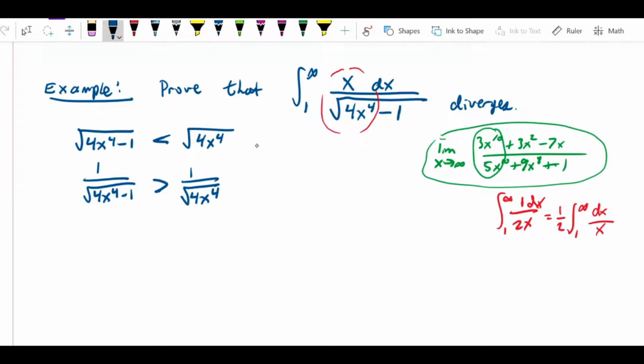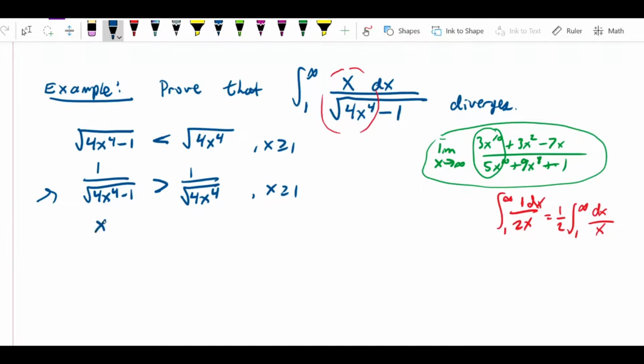And of course, we only care about this for x greater than or equal to 1. Now, if this inequality is true, look what I can do. If I multiply both sides of the inequality by x, it's not going to change the inequality, especially since x is a positive number. We know that it's only between 1 and infinity.